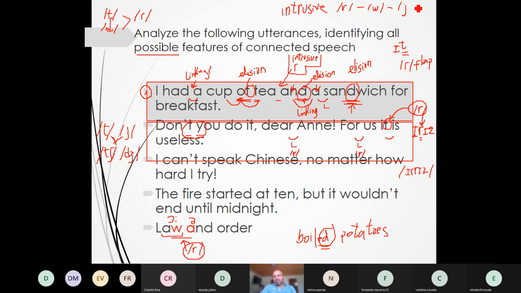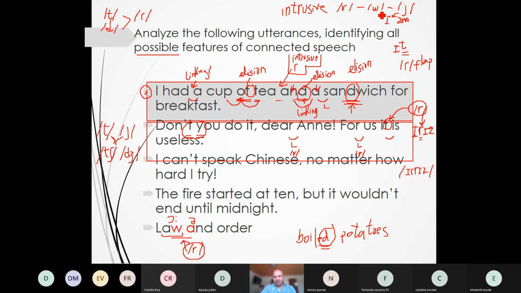And the same with y. It's not there when you say I am. When you say I and you say am, some people would use an intrusive y here. I am. And this is not part of the spelling, so it's also sort of an intrusive feature.